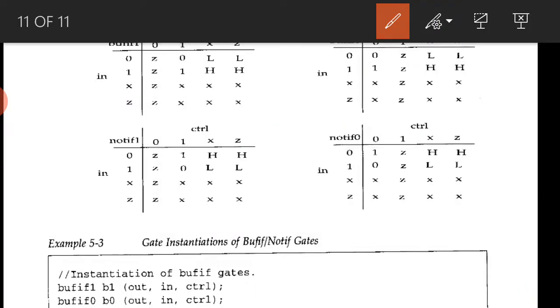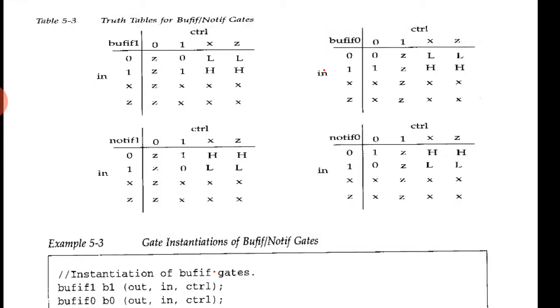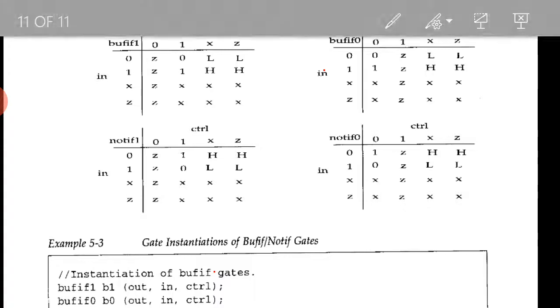If the control signal itself is x, then if the input is 0, the output will be low or high. This will represent the strength.